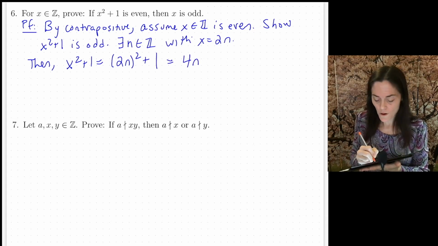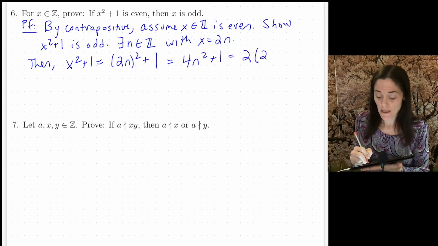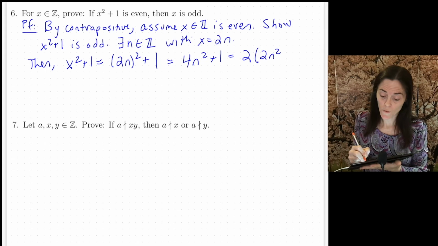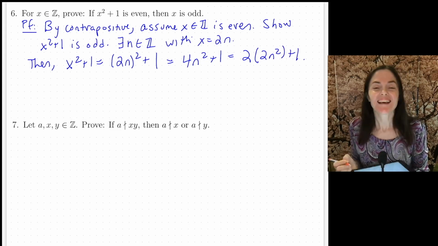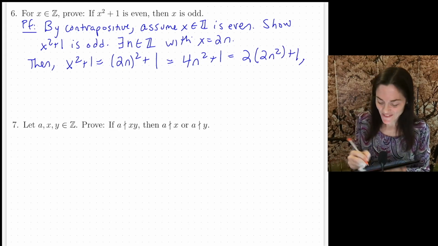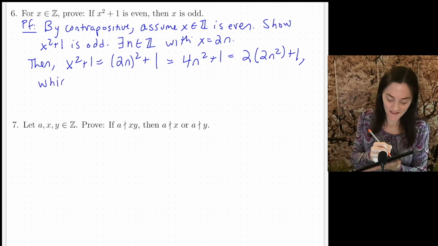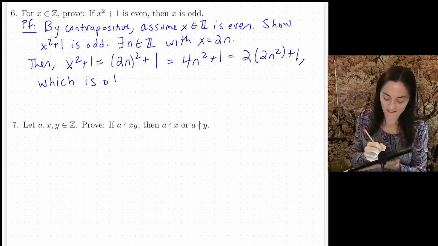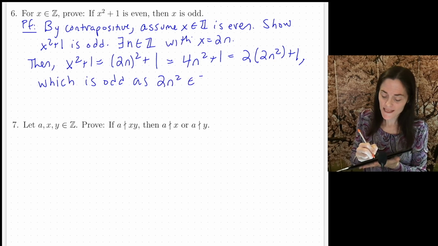This is 4n squared plus 1, which is 2 times 2n squared plus 1, which is odd as 2n squared is an integer. And this completes number 6.